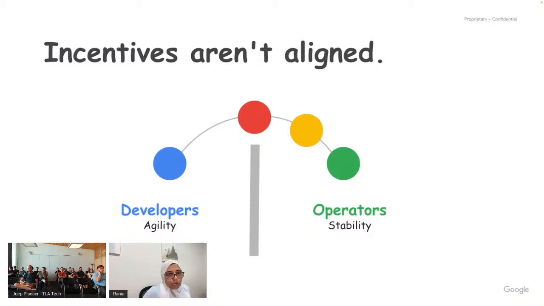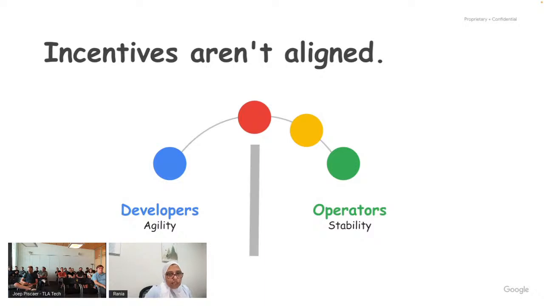So again, it's all about alignment, mainly because the core stakeholders who are building the software or the services are developers, and the ones operating and maintaining the software are the operators.